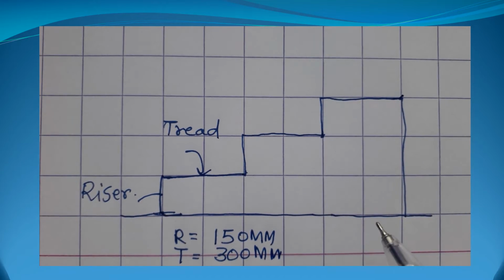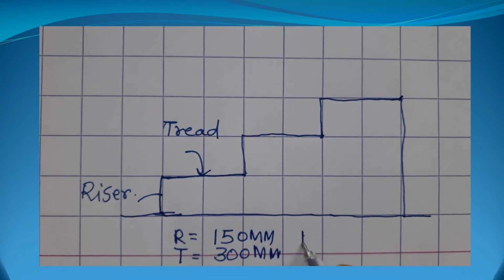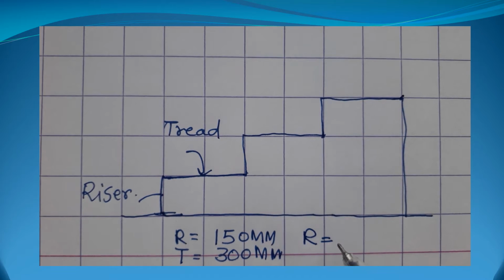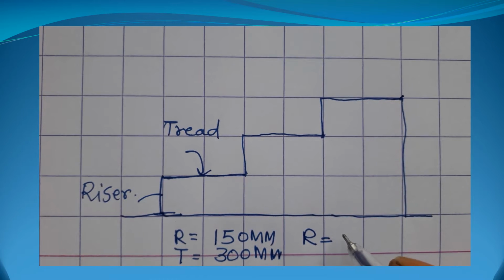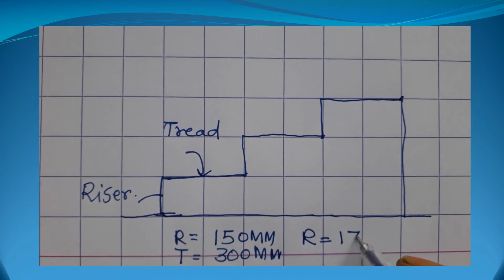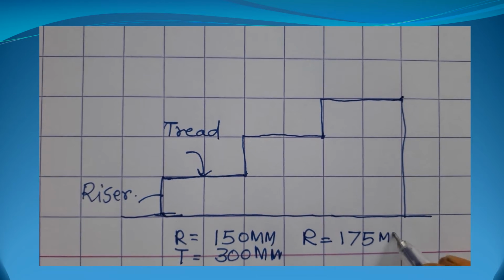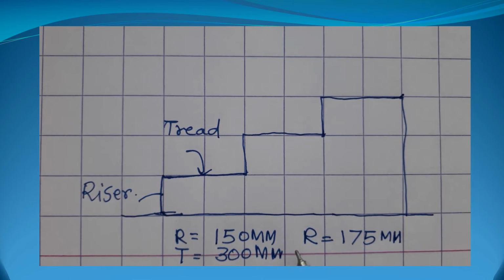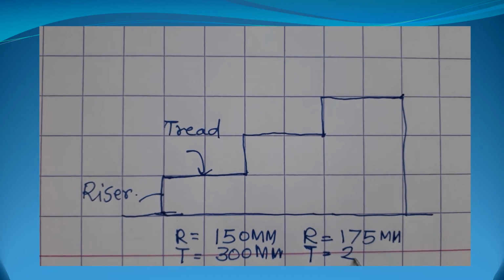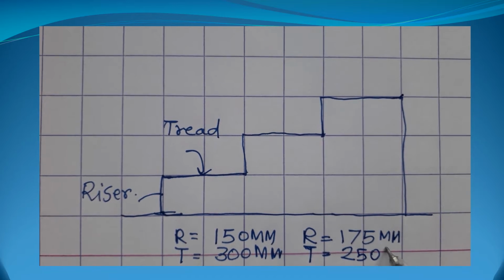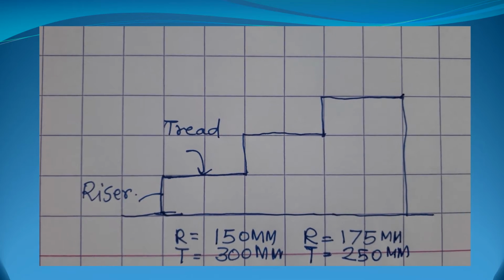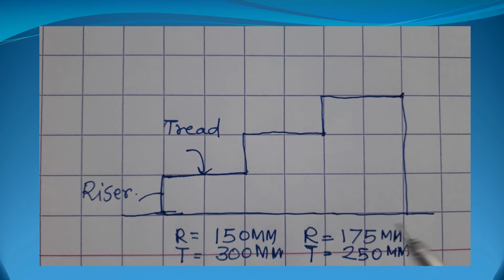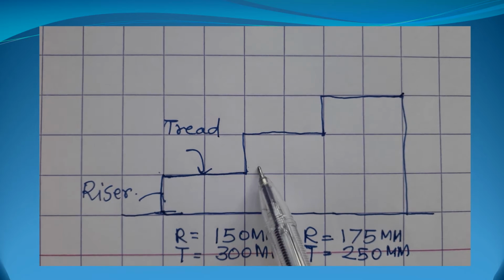In the same way, for residential purposes, the riser is adjusted from 150 to around 175 mm, and the tread can be taken from 250 mm to 300 mm as per the design. Now in this way we draw the steps.